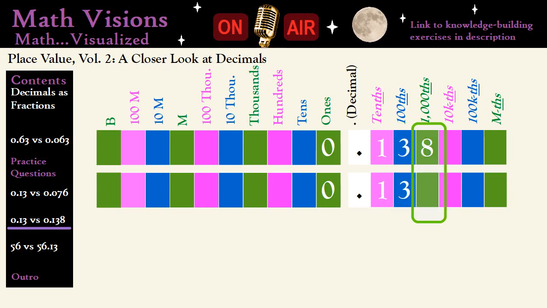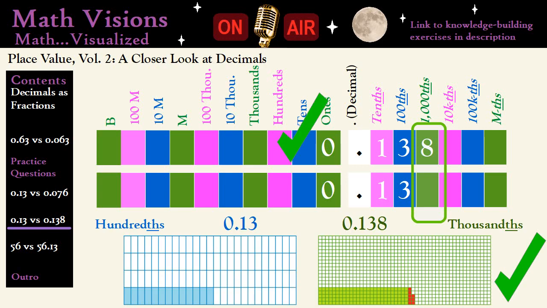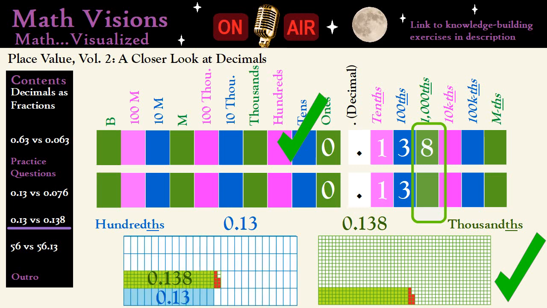Now, we see that the top number has 8 in the thousandths place, and the bottom number is blank in the thousandths place, which is the same as 0. Therefore, our top number, 138 thousandths, is marginally larger than the bottom number, 13 hundredths. I've used red squares in the thousandths grid to show the slight difference in value between 138 thousandths and 13 hundredths. Now I've placed both sets of shaded blocks next to each other for a better view.